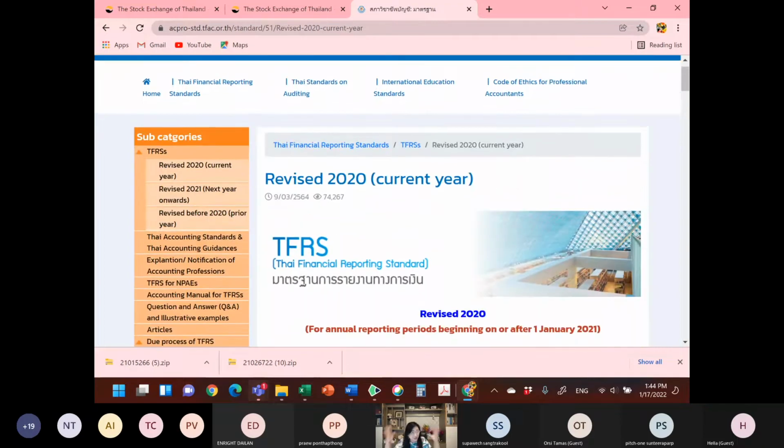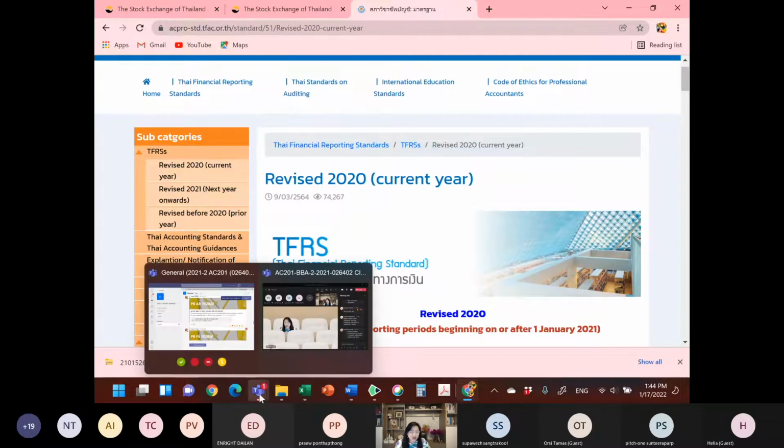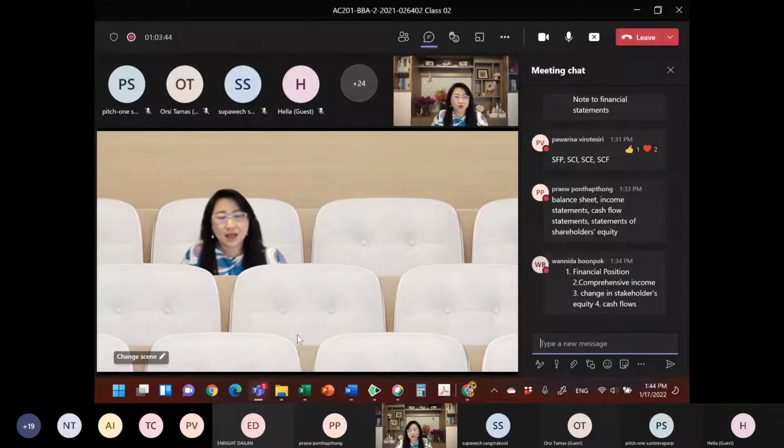So this is a rather big set of standards. Usually people informally call this a big set of standard, or มาตรฐานชุดใหญ่ in Thai. There are a lot of things that the company will need to comply with.